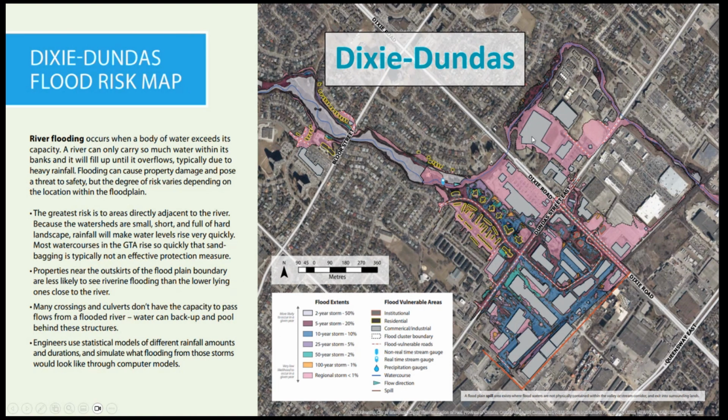We can see all of these lie within the regional storm event area, as well as some lower term 10-year storm event areas, where flood vulnerable areas can be located and more intensive flood adaptive measures can be developed on site.